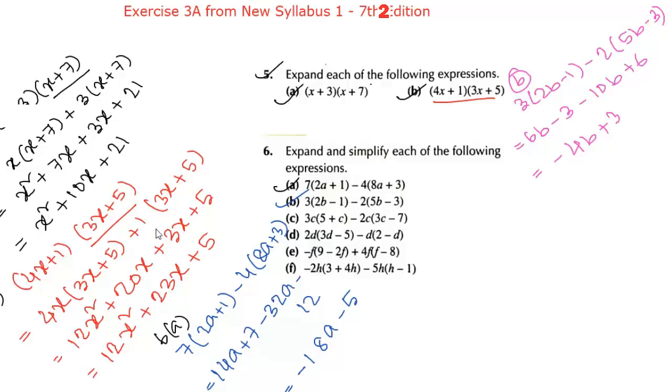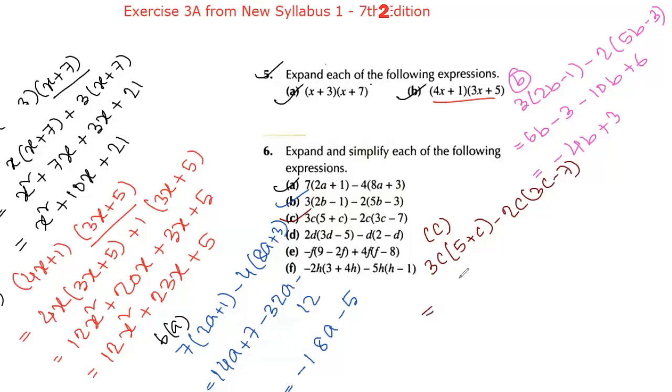Okay. Now, next question, question number C. Question number C says 3C into 5 plus C minus 2C into 3C minus 7.